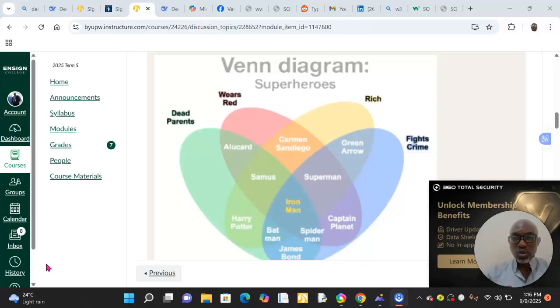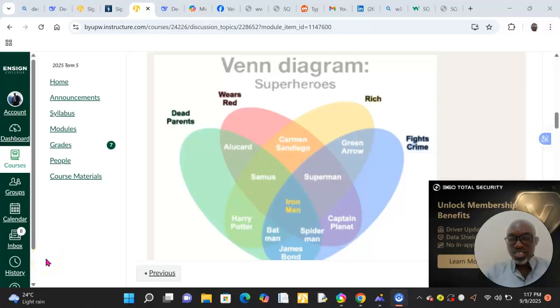It returns all superheroes who fight crime, along with those who wear red if they match. Then finally, full join combines all superheroes from both datasets, whether they match or not.